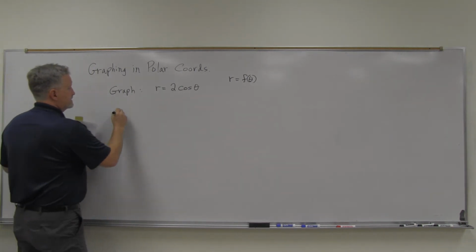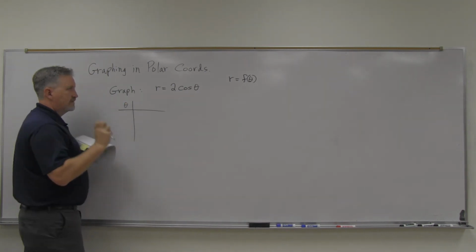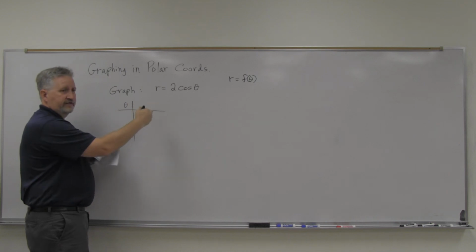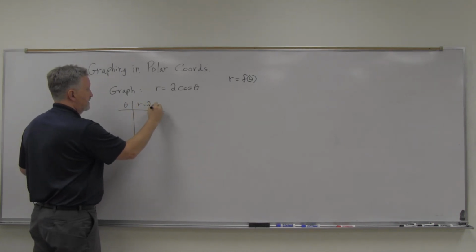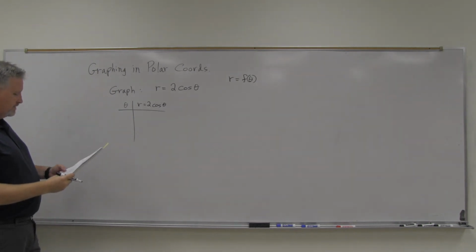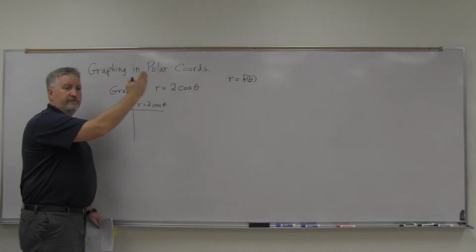So what that means is, if you think about a table here, the values we choose typically would be the theta values, and then we plug in to get the r values out of that. And you just want to move your way around the graph.